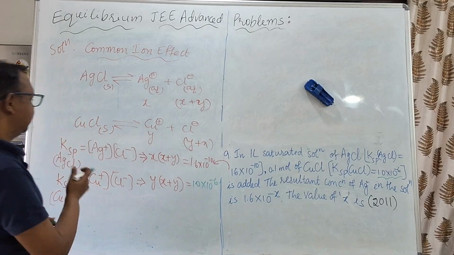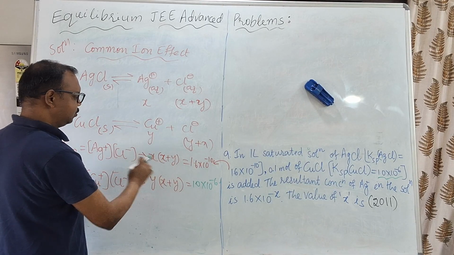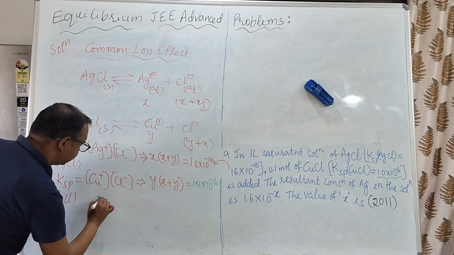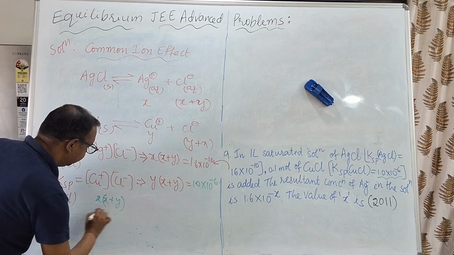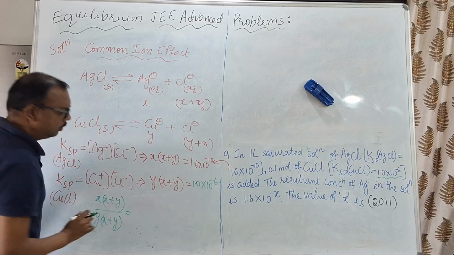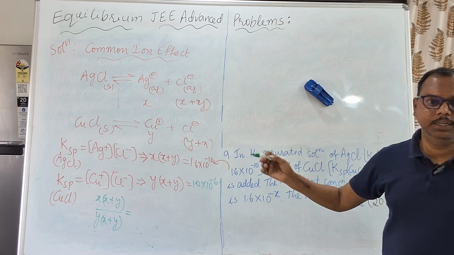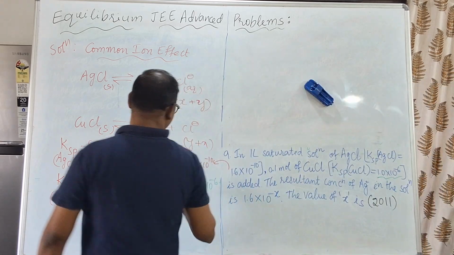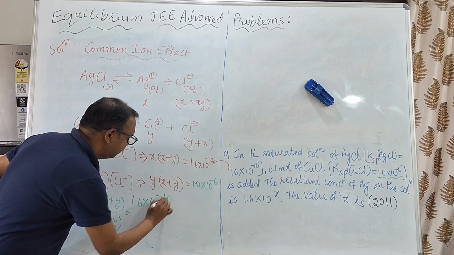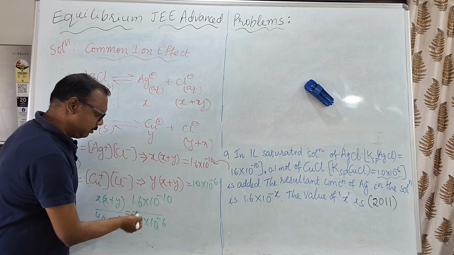Let us consider these two equations now. Equation 1 divided by equation 2: x into x plus y by y into x plus y is equal to 1.6 into 10 power minus 10 over 1.0 into 10 power minus 6. 1.0 is nothing but 1 only.